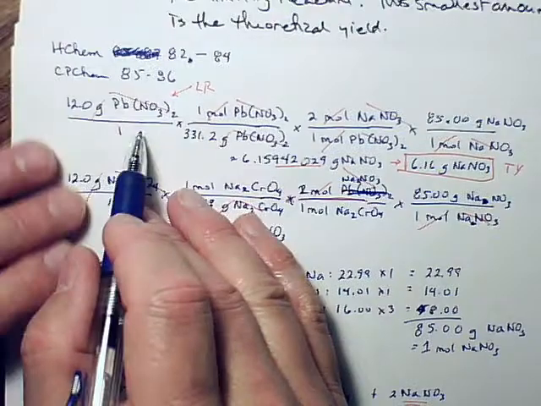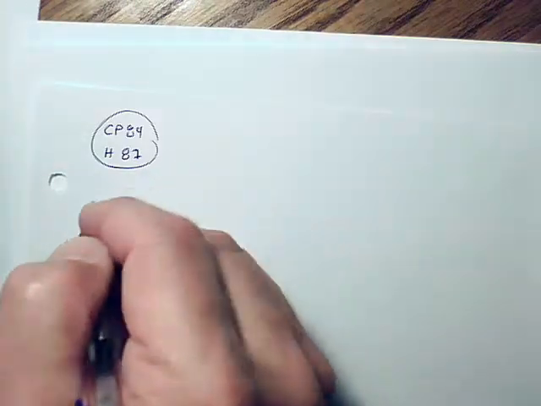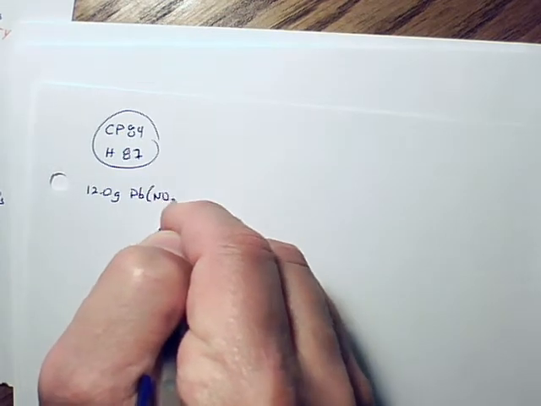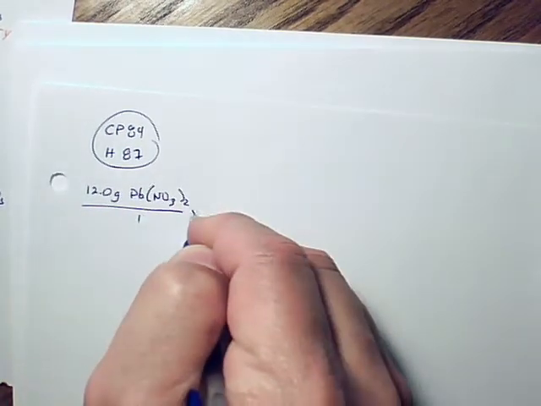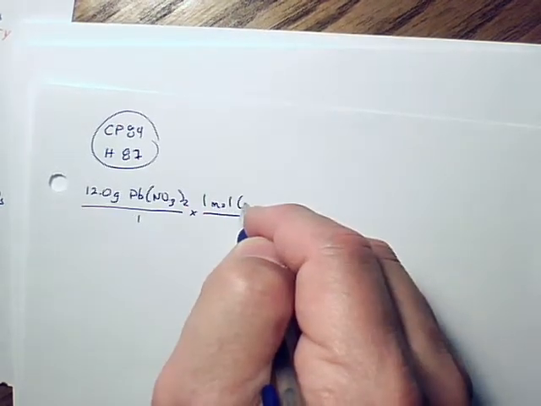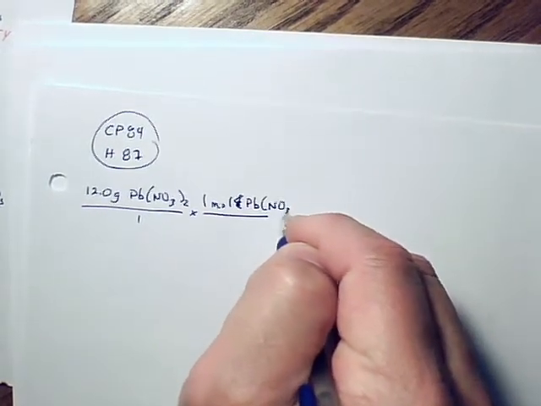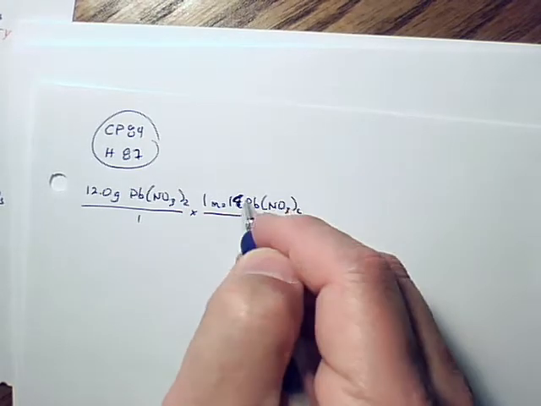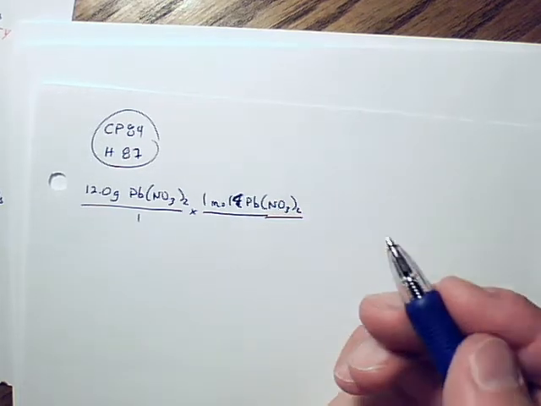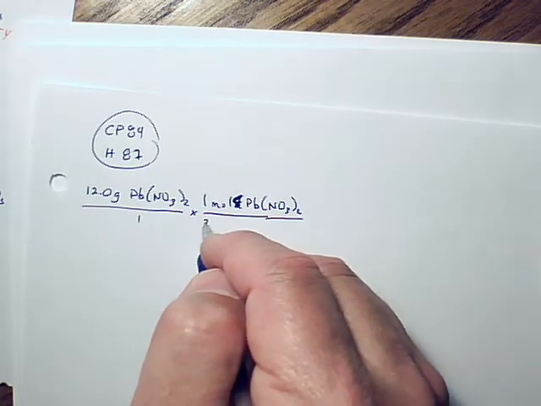We're going to do this same calculation up to this point. Once you find the limiting reactant, unless you change the amounts of the reactants, the limiting reactant is going to remain the same. And the question for 84 and 87 says we're starting with 12 grams of both reactants. So all we're going to do is change the product we're looking for.